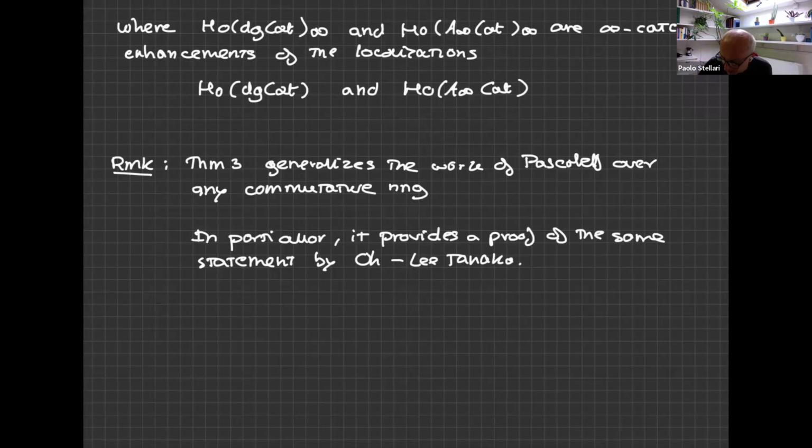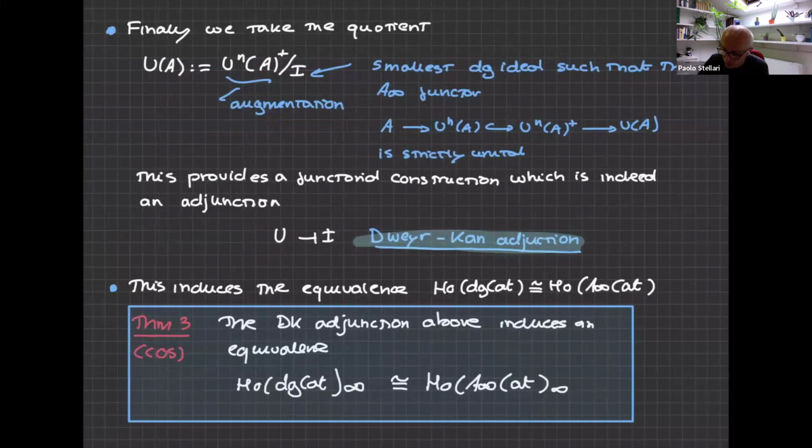Their statement is indeed the same as this one, where they put an additional decoration up here: they want unital infinity categories. We cannot prove it at the moment in this generality. But we should also remark that their result is about infinity categories and dg categories linear over any commutative ring, so it's slightly more general than Pascaleff's.